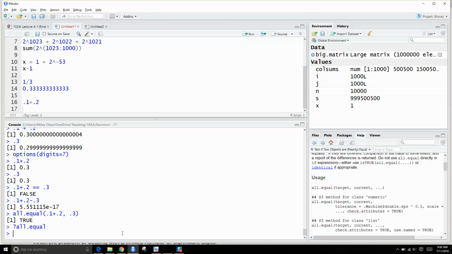If we're getting something very close to each other, we say it's okay.